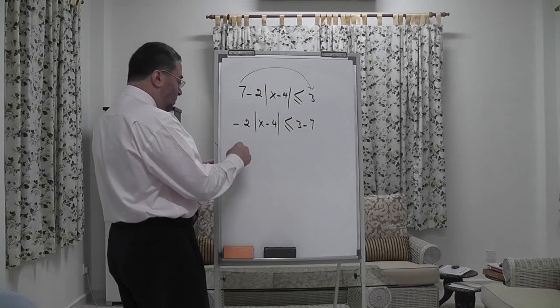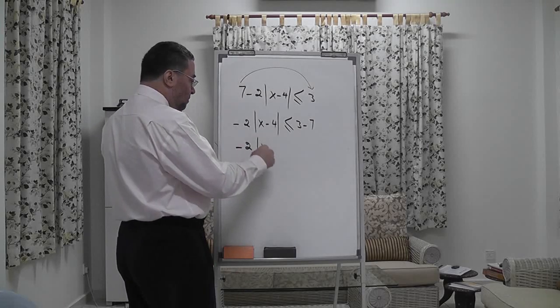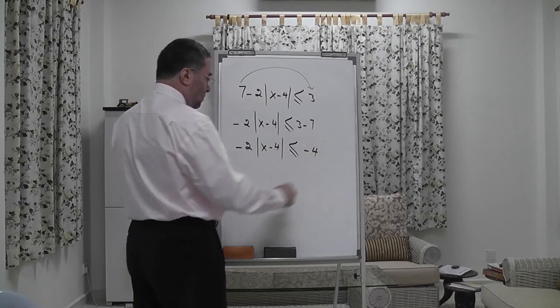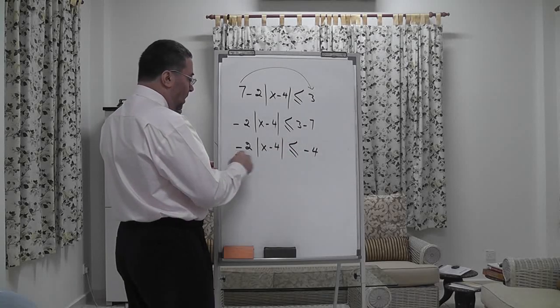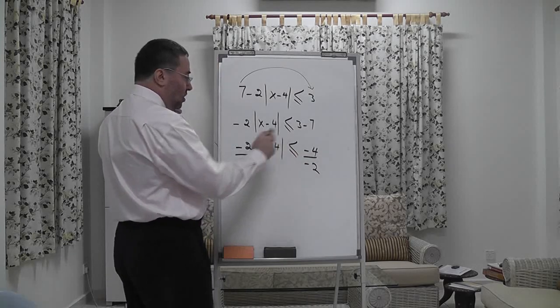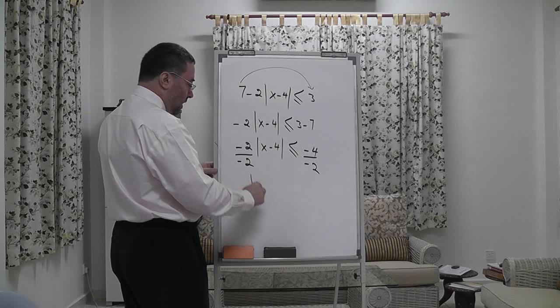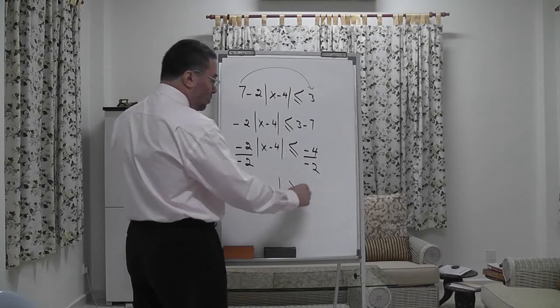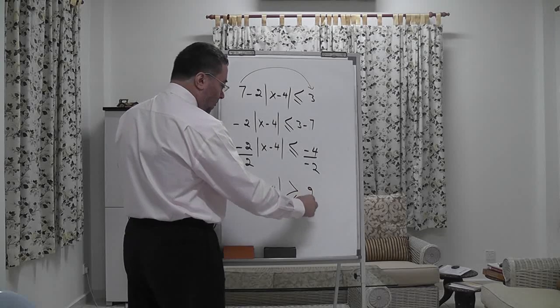And minus 2. We divide by minus 2, and we change the sign. So absolute x minus 4 is more than or equal to positive 2.